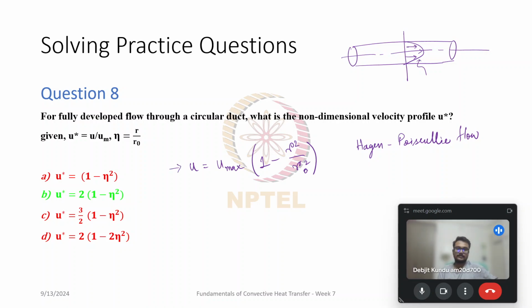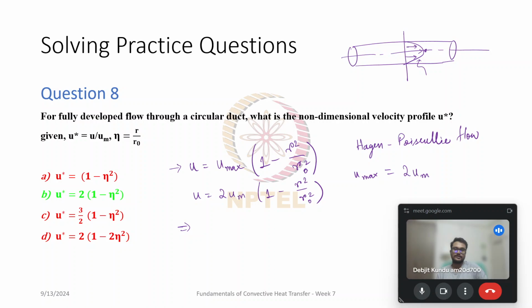Now, another thing we know is that this u max, the maximum velocity which it attains over here at r equal to 0, is equal to twice the mean velocity. So if we replace that, u is equal to 2 um into 1 minus r square over r naught squared. Now it's a matter of simplification.